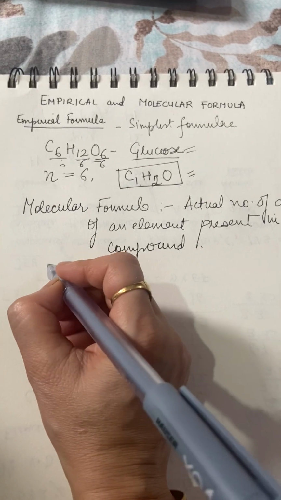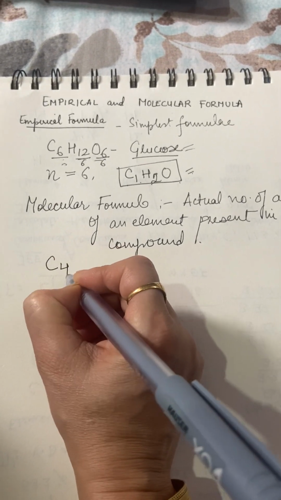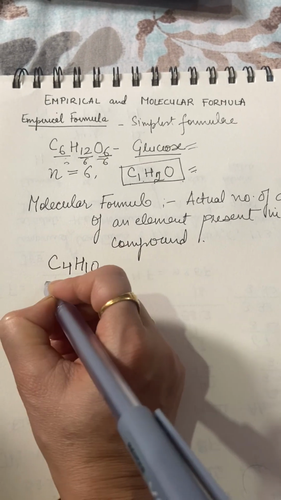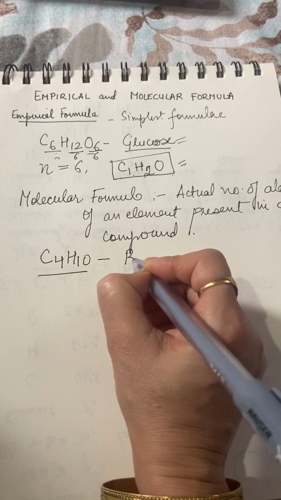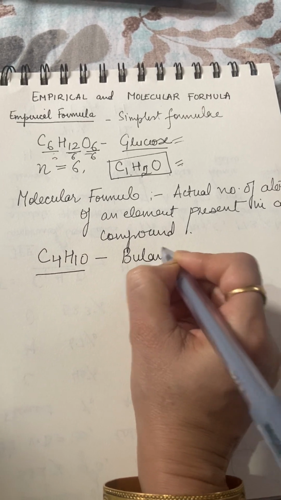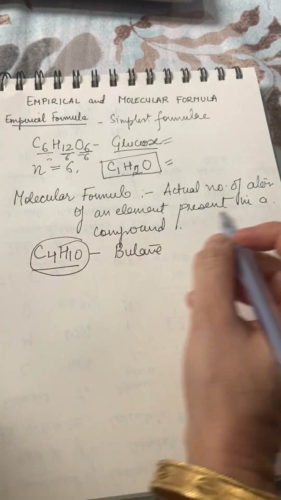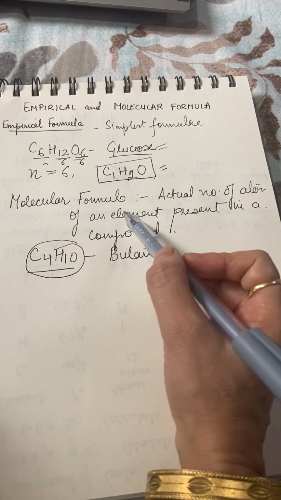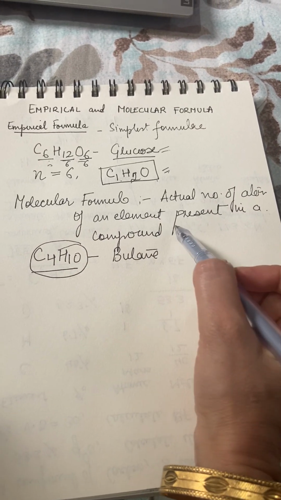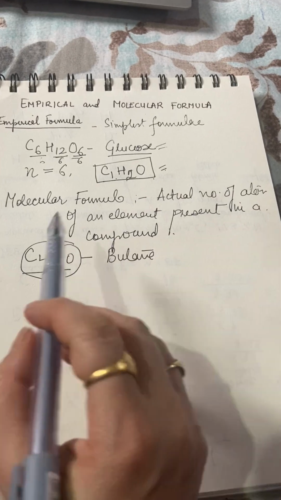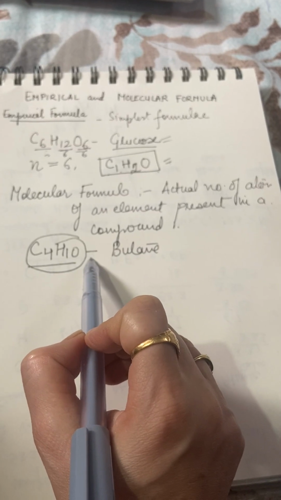Now let's see, if I take C4H10, this is my hydrocarbon and this is your butane. So it is basically your chemical formula that represents the actual number of atoms of an element present in a compound. So C4H10 is not your empirical formula.